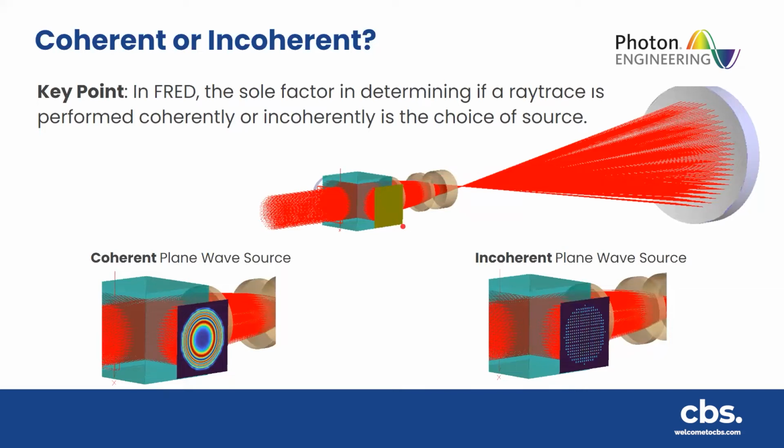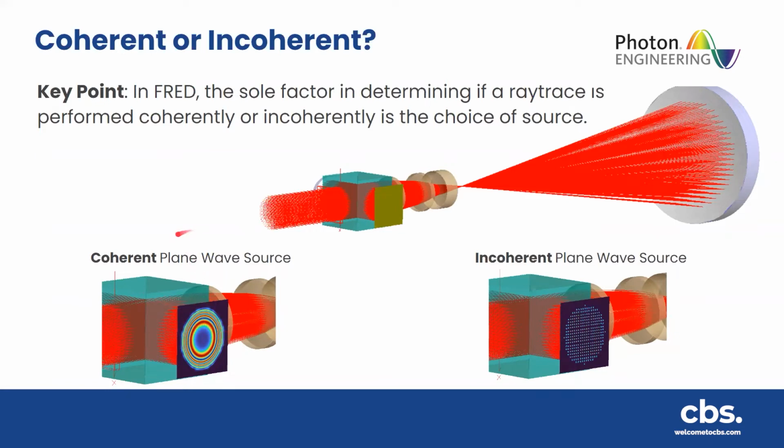Using the exact same model and the exact same coatings, ray trace settings, and so forth, the difference between using the coherent source or the incoherent source is very large. When we use the coherent source, we get exactly the interference pattern we expect.